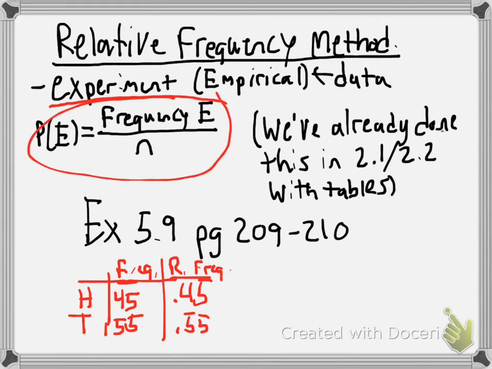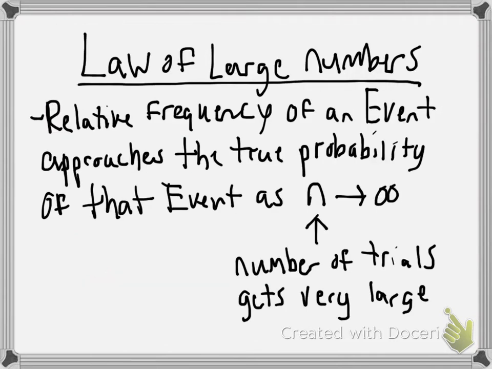We've already done this in 2.1 and 2.2 when you made your tables of where we're from and car ownership. And example 5.9 on pages 209 and 210 does a good job of reiterating this point. So, from relative frequency, we'll move over to the law of large numbers.